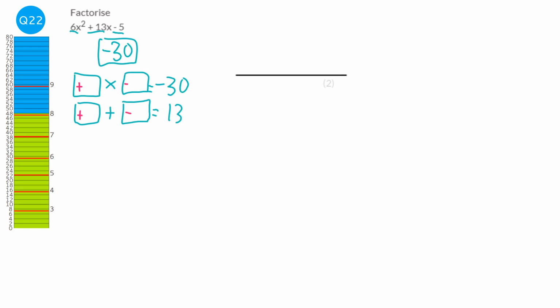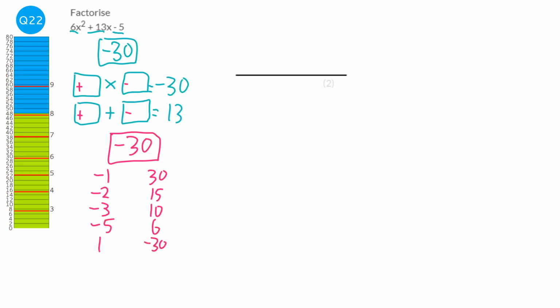And we can do this in our head, or we can write out the factors. So I can just quickly write out the factors of -30. So it would be -1 and 30, -2 and 15, -3 and 10, -5 and 6, and then the same thing just the other way around, so 1 and -30, 2 and -15, 3 and -10, and 5 and -6.